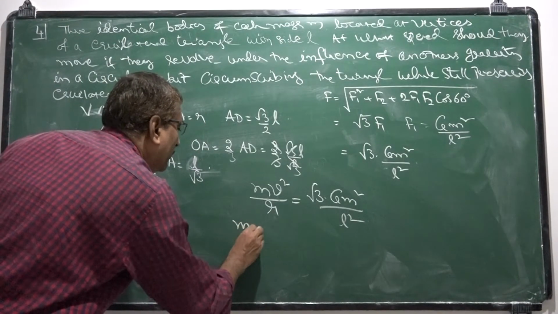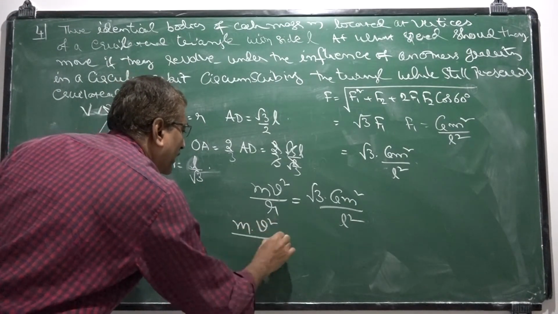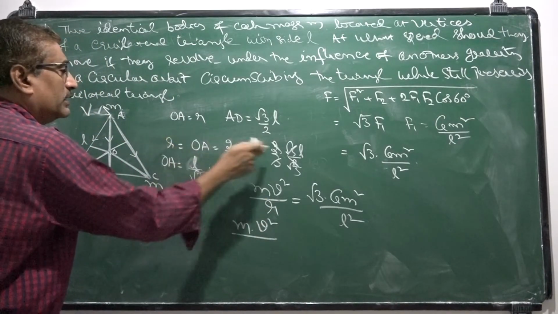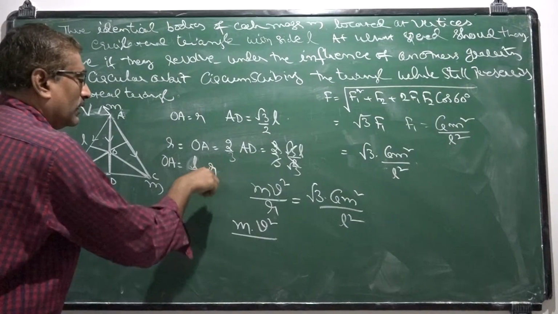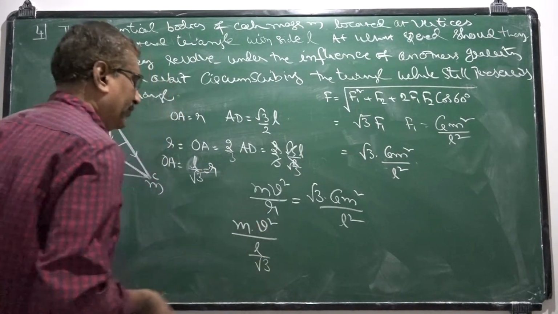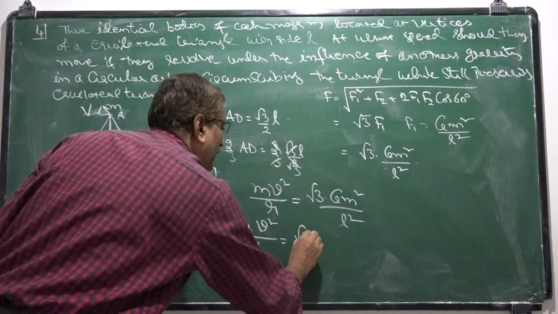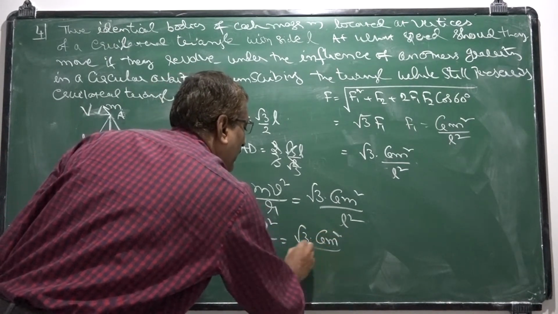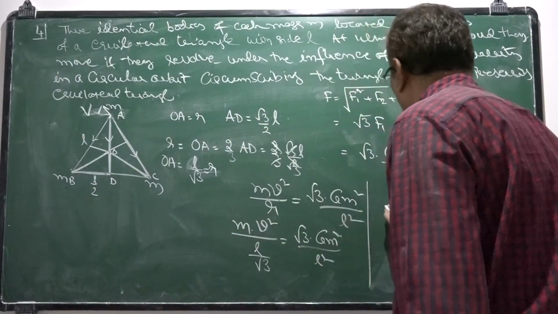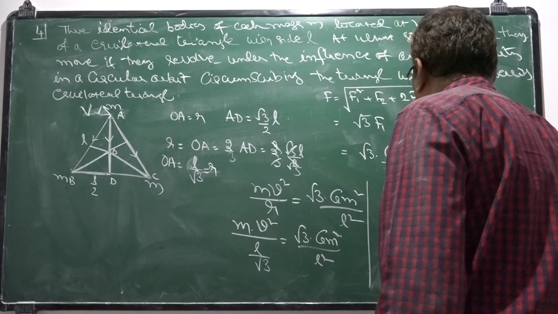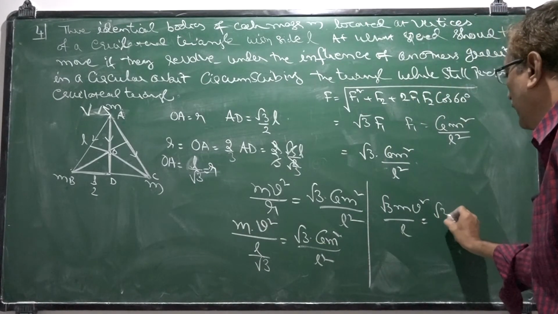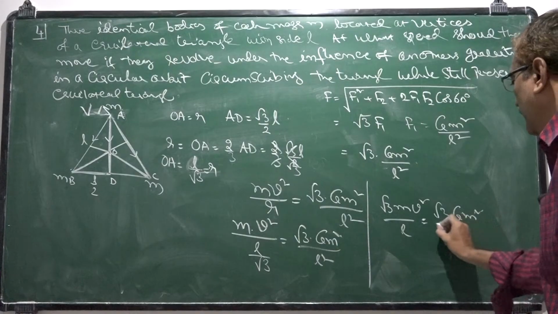So root 3 m v square by L is equal to root 3 G M square by L square.